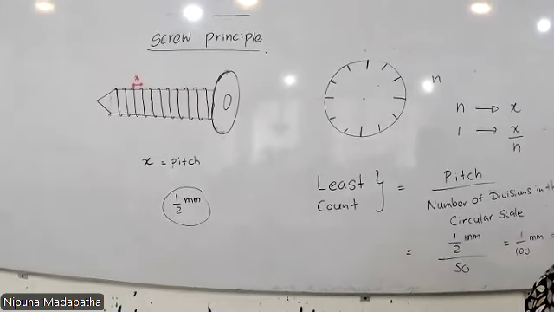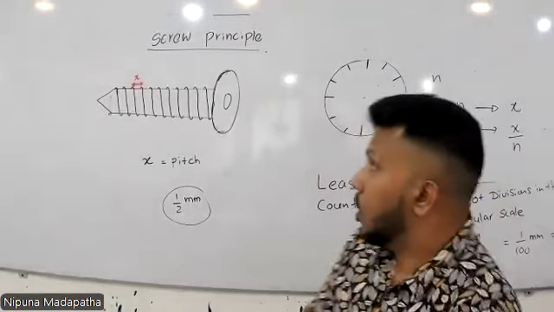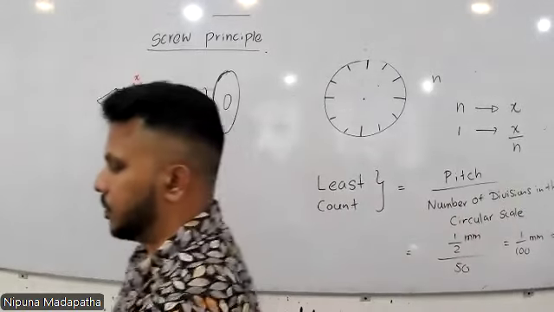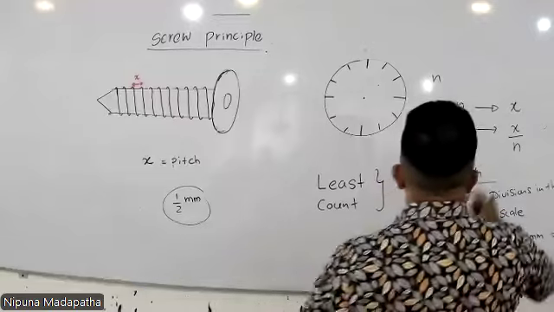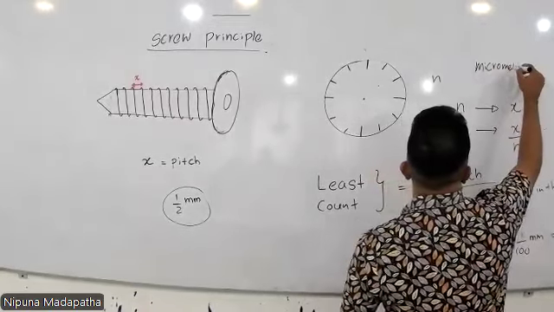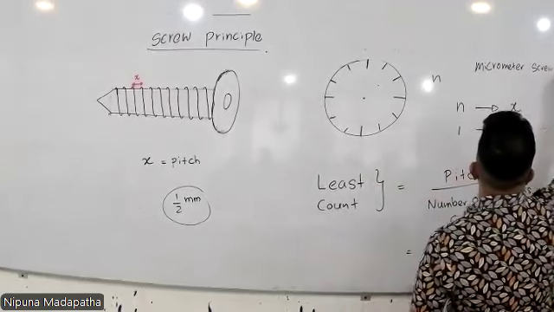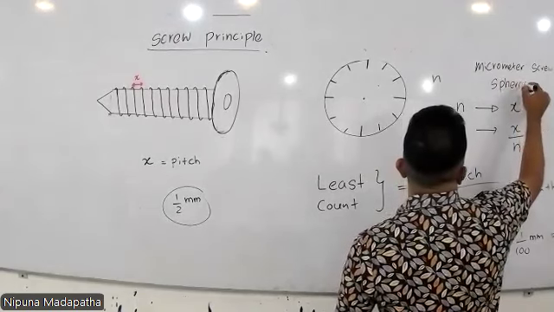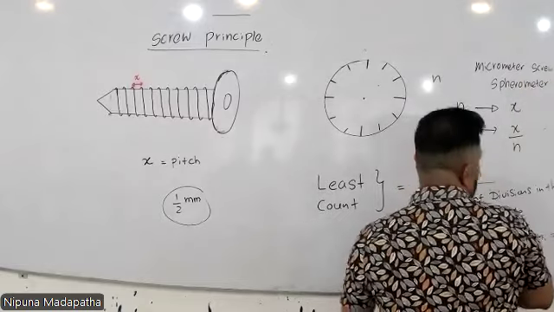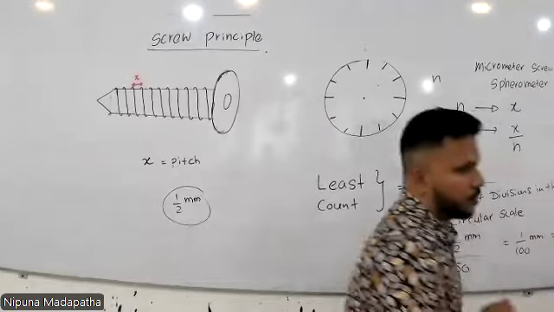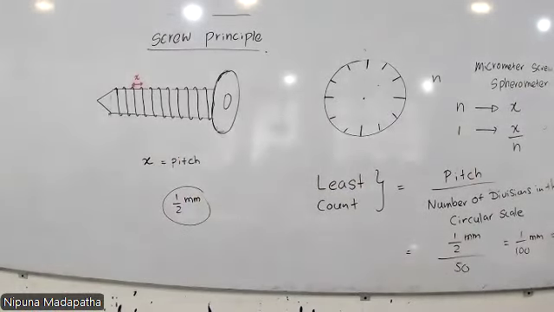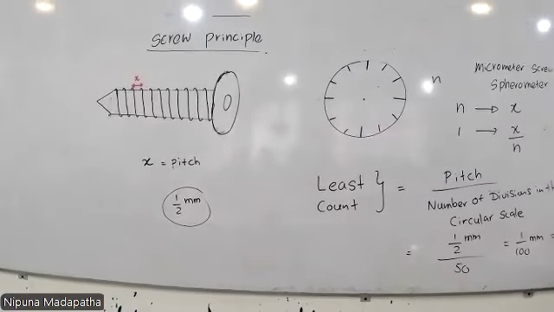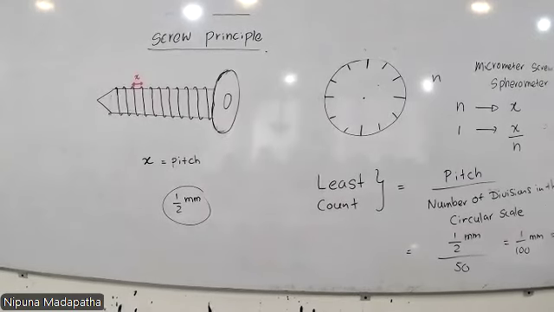The micrometer screw gauge, the micrometer screw gauge, the longitudinal gauge and spirometer are built up by using the screw principle.